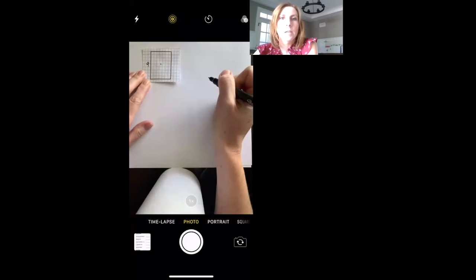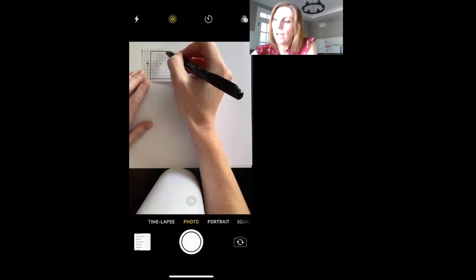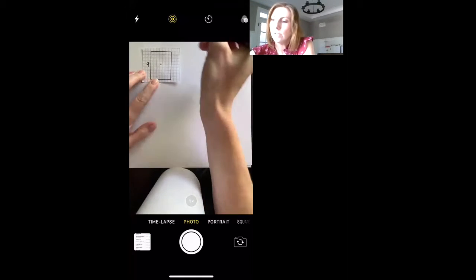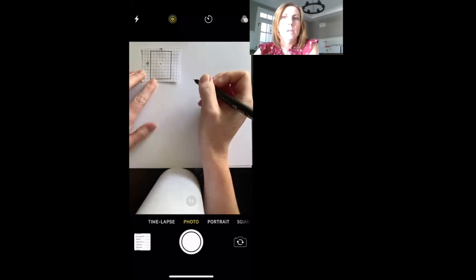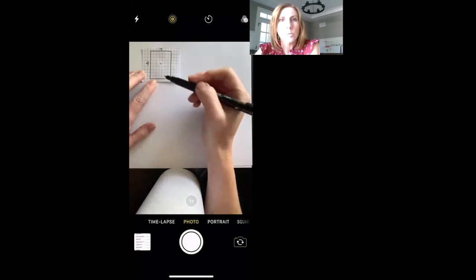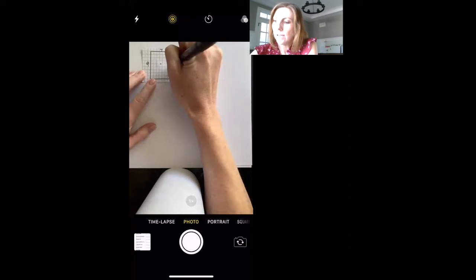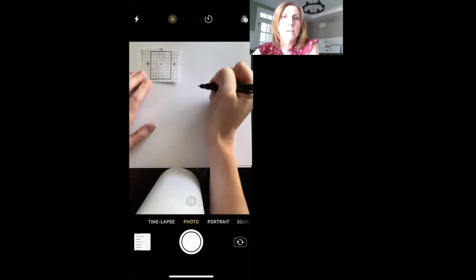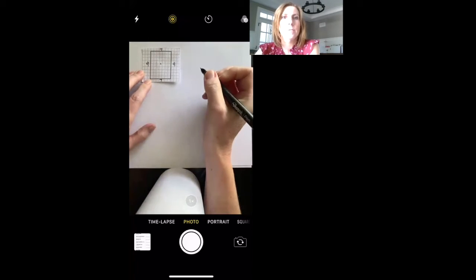And if I were to walk across the top, I have 1, 2, 3, 4, 5, 6, 7 units. So I'm going to mark that with a 7. Now, because of what I know about rectangles, I know that opposite sides are equal. So I know without even counting that this side is also 9 and this side is also 7.